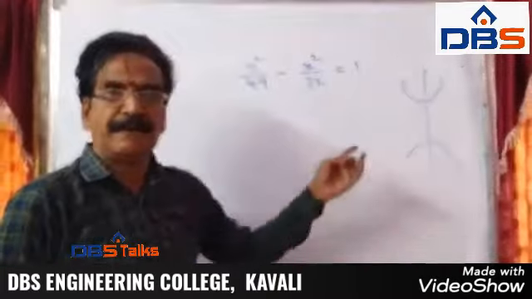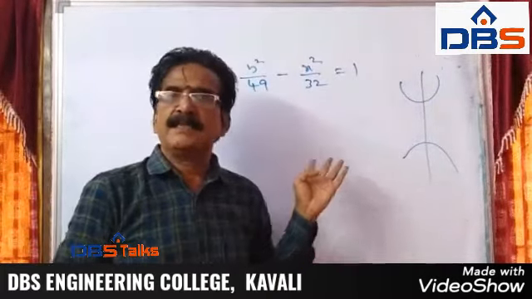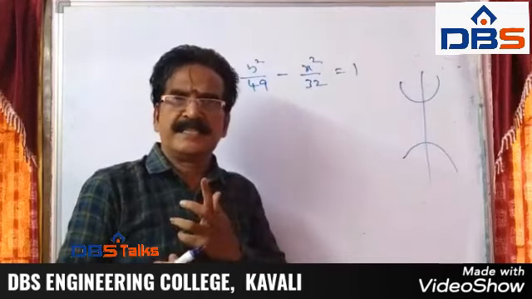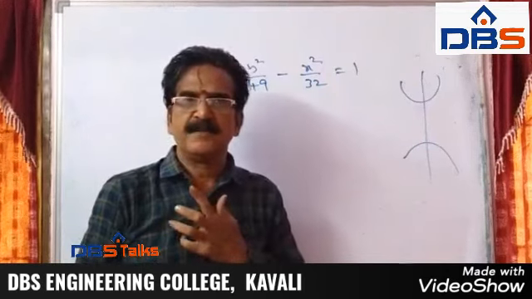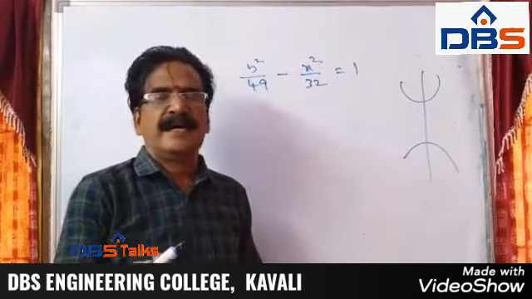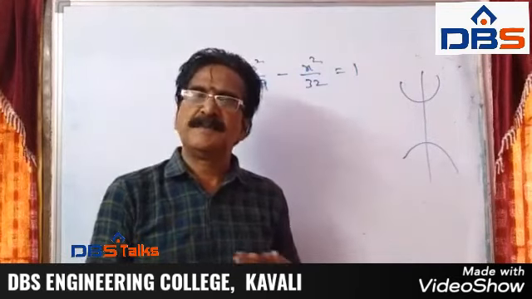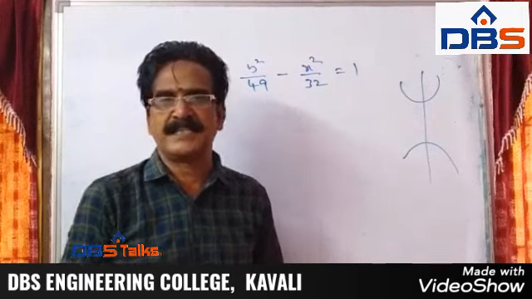So for this type of hyperbola, the reverse, the vertices are 0 comma plus or minus a, and as you know the foci are 0 comma plus or minus c.